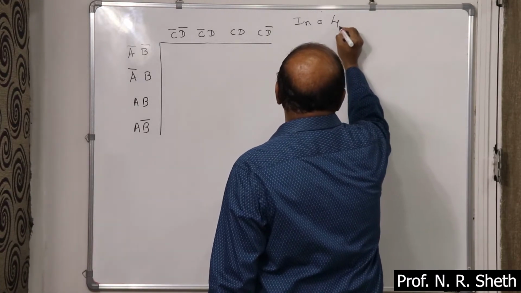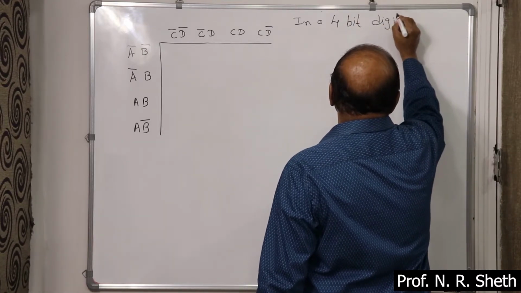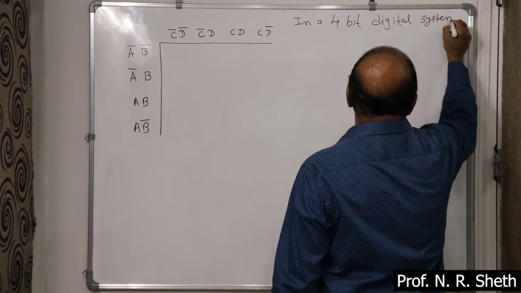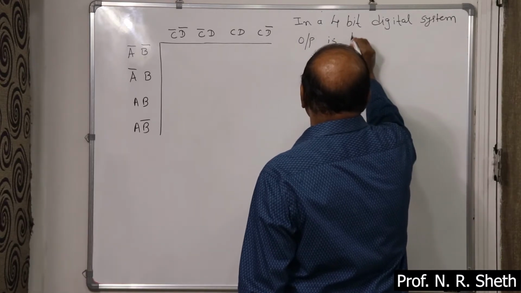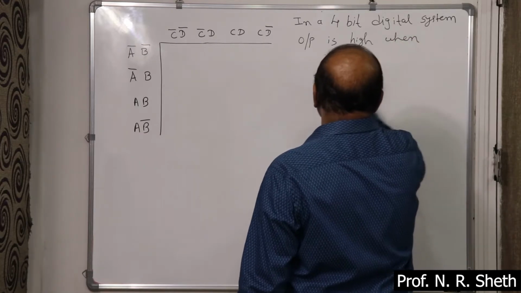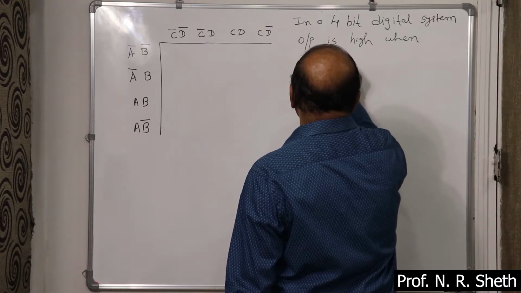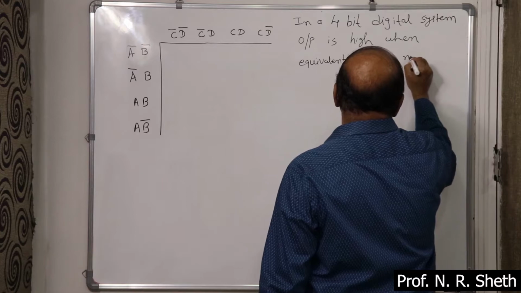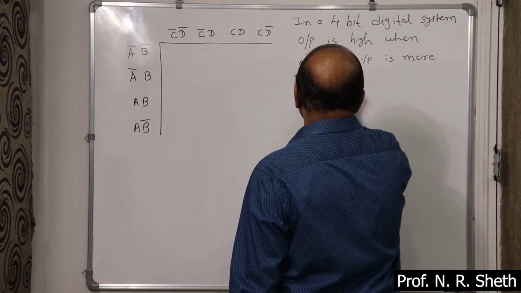In a 4-bit digital system, output is high when equivalent input is more than 10.